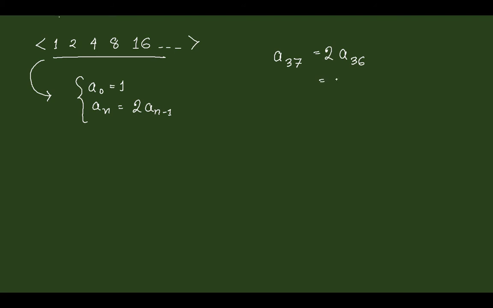So that would be 2 into A36, which is 2 into A35, and A35 is 2 into A34. So how long am I going to go on like this? To A0 because we only know the value of A0 and that is 1. So this type of calculation is really time consuming.